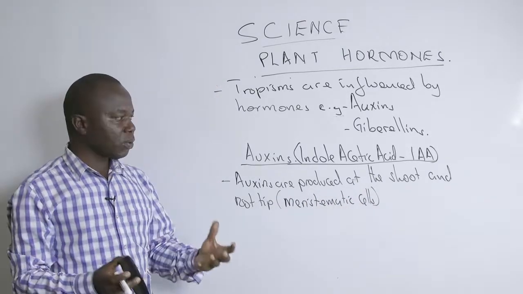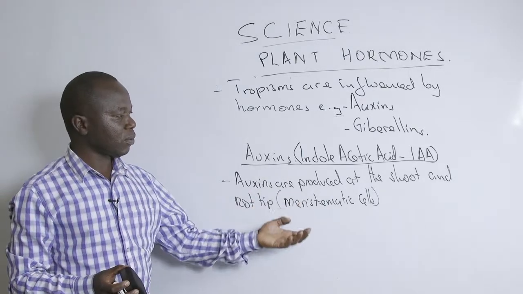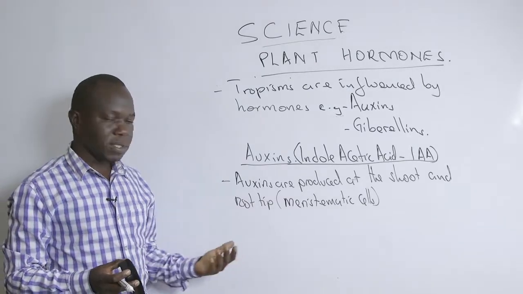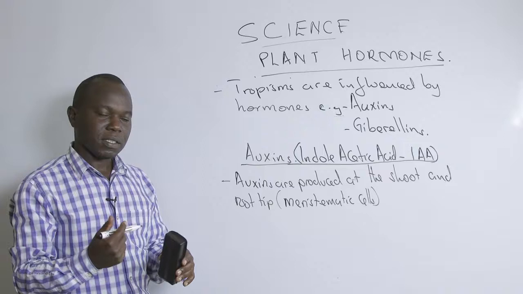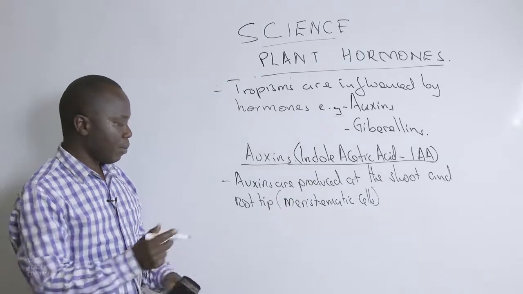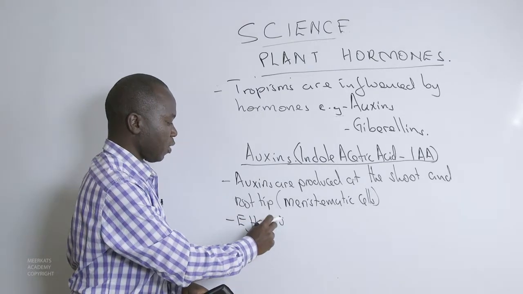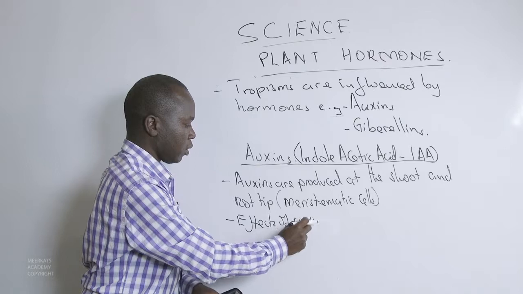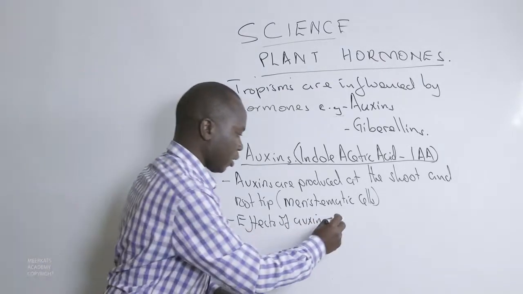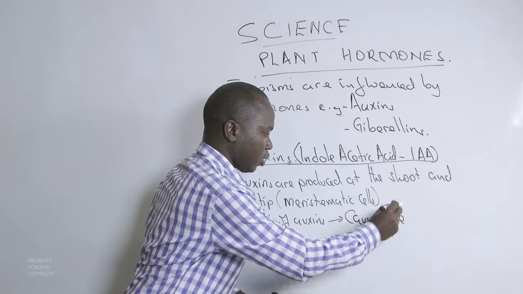So if you want to extract auxins from a plant, all you have to do is take a plant, identify the shoot tip and the root tip, cut, and then extract the hormones in the lab. The effect of auxins is mainly causing cell elongation. They cause cell elongation.